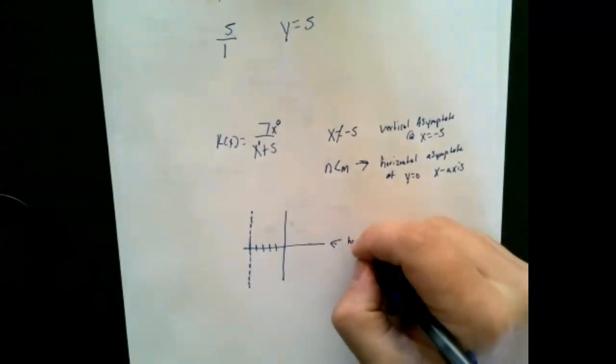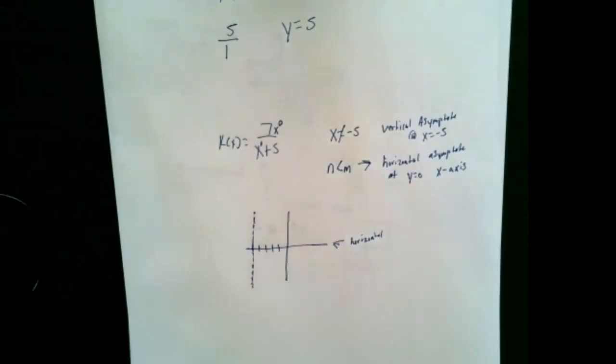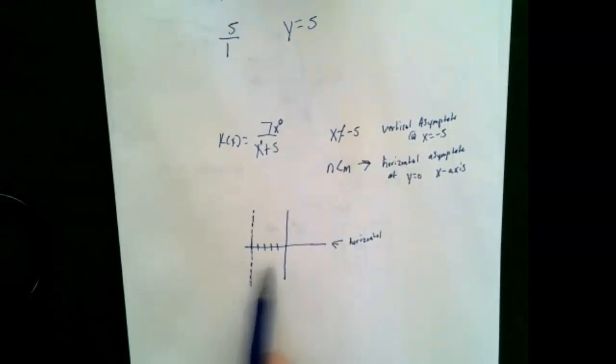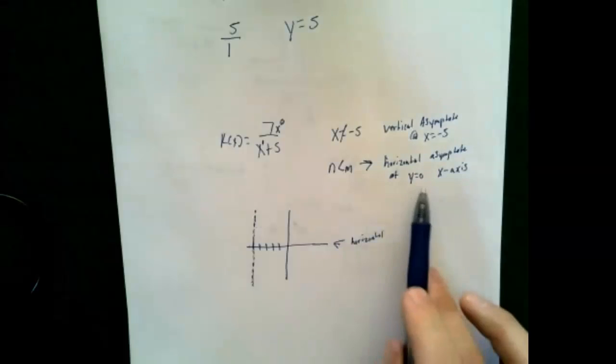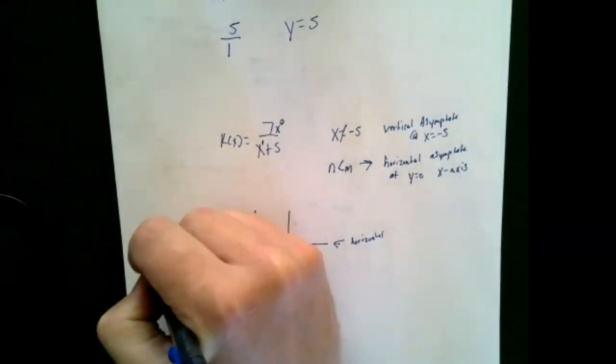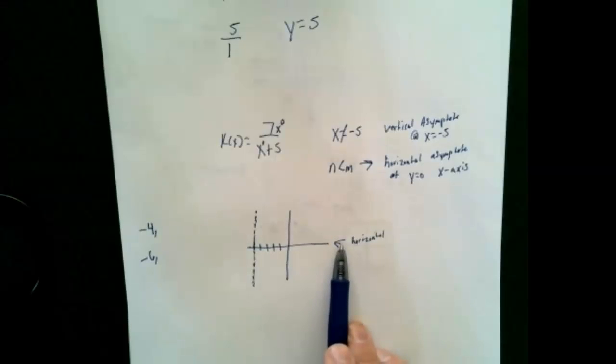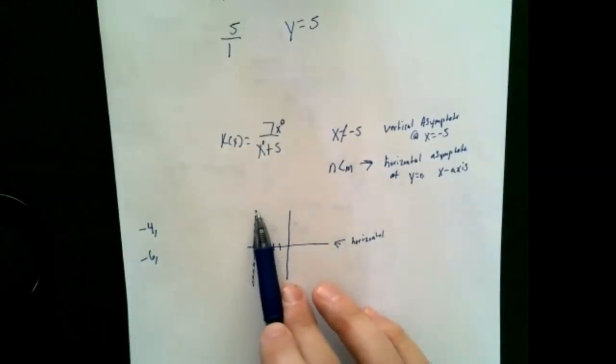So we have a horizontal at the x-axis. We have a vertical at x equals -5. So in order to graph this really quickly and easily, I'm going to plug in an x value on either side of my vertical asymptote. I'm at -5, so I'm going to plug in a -4 and a -6. I'm going to use just those given points to graph my equation because I know I have this horizontal asymptote and this vertical asymptote.